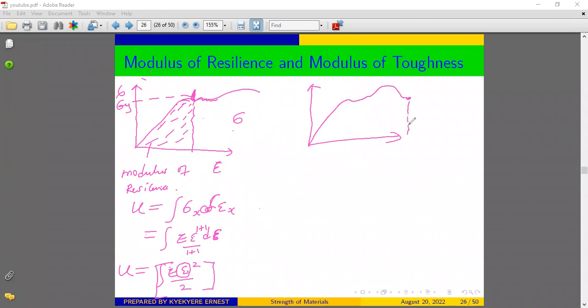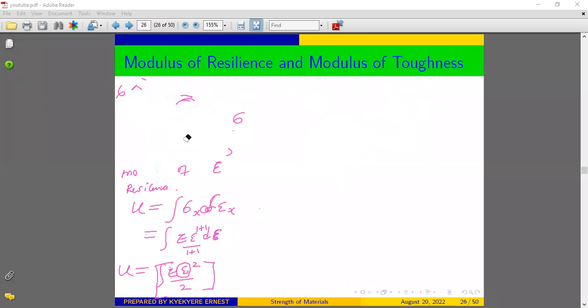Therefore, the area under the curve up to that point is what we refer to as the modulus of toughness. And to eliminate the size, we always refer to the energy density. So the energy density a material can absorb before it fractures or ruptures is what we refer to as the modulus of toughness. Good. So take note of the difference between modulus of toughness and modulus of resilience.